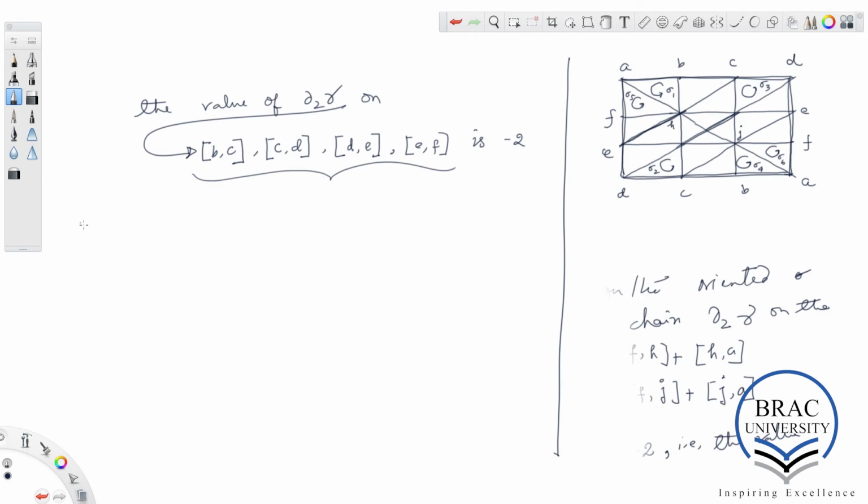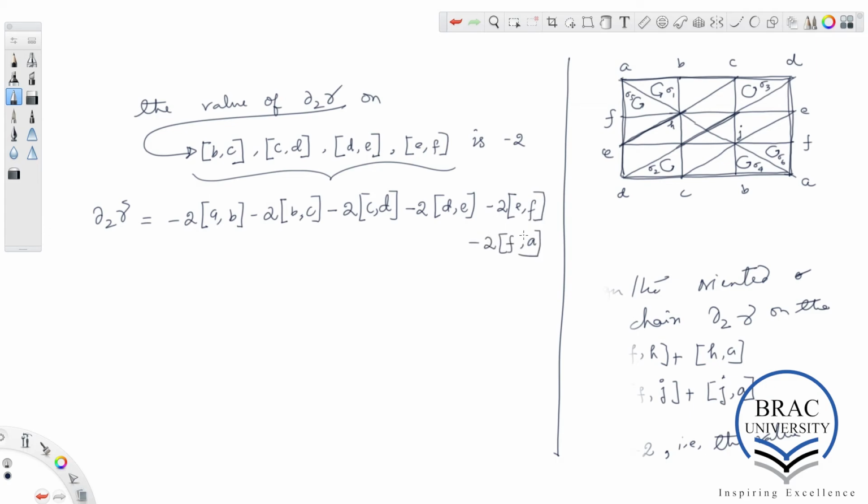That way, one evaluates del 2 gamma to be equal to minus 2 times A comma B, minus 2 times B comma C, minus 2 times C comma D, minus 2 times D comma E, minus 2 times E comma F, minus 2 times F comma A, which equals minus 2 times Z1. This is our equation number 17.